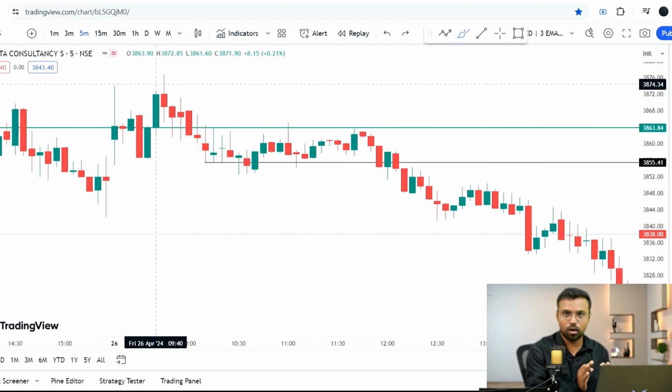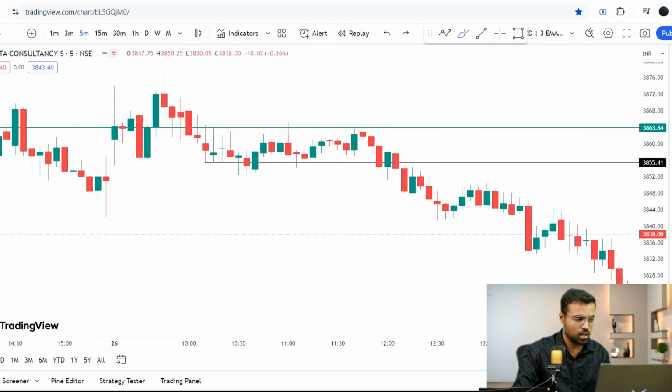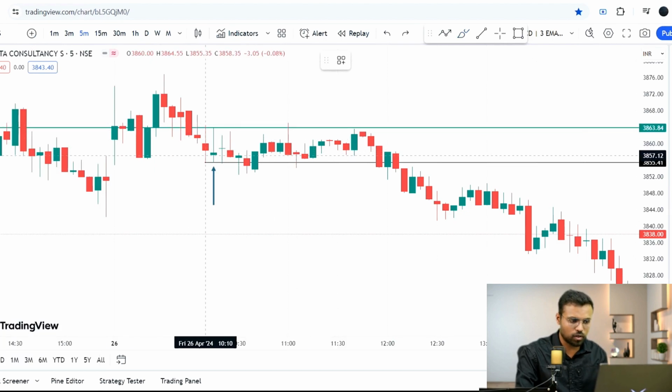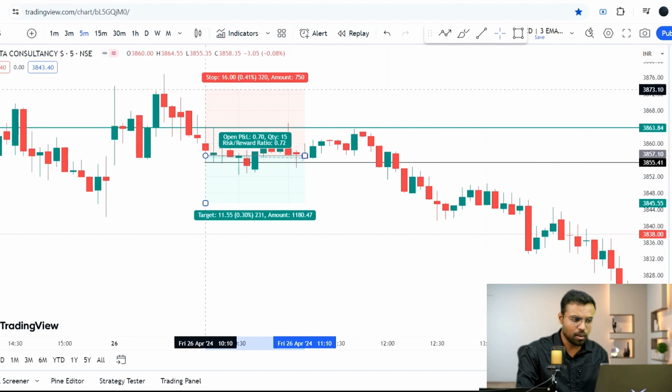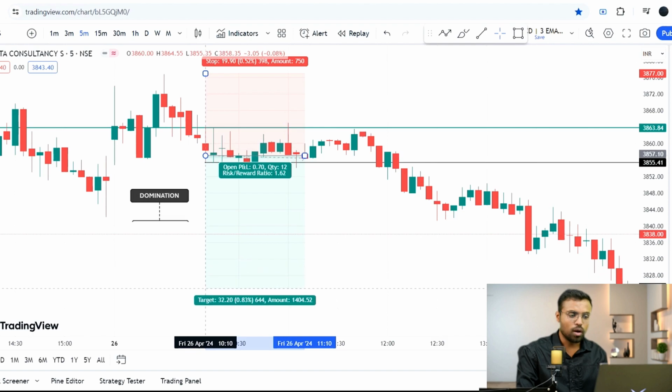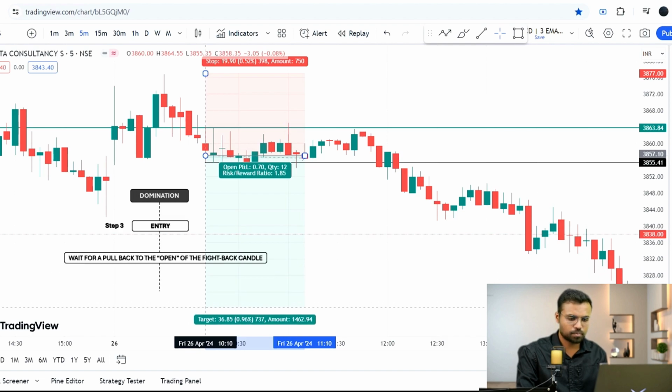What is that right spot? What I personally do is, whichever is the fight back candle, I mark the opening of that candle and the previous swing high. This becomes my stop loss. This opening of the candle becomes my point of entry into this trade, and 1:2 will be my target.